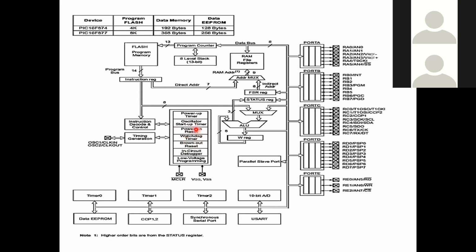The watchdog timer is mainly for when software fails; this watchdog timer will be enabled, and you have to load the value so that it keeps on decrementing. Brownout reset is for saving power. I have a 5 volt supply, and if I keep on using the 5 volt every time, obviously the power of the PIC microcontroller will be wasted.